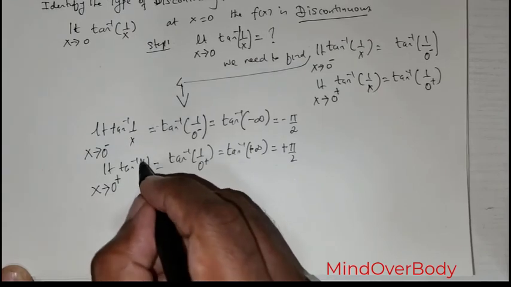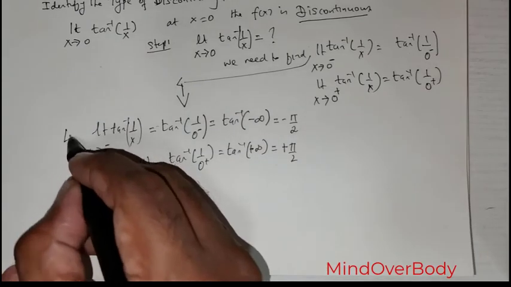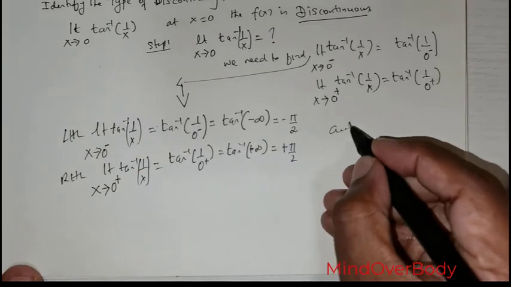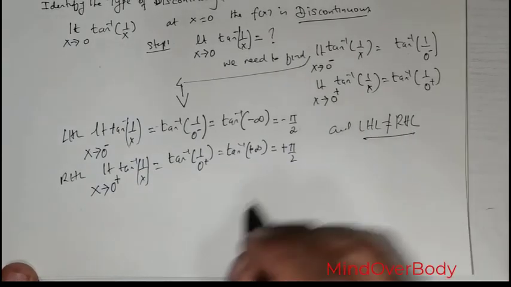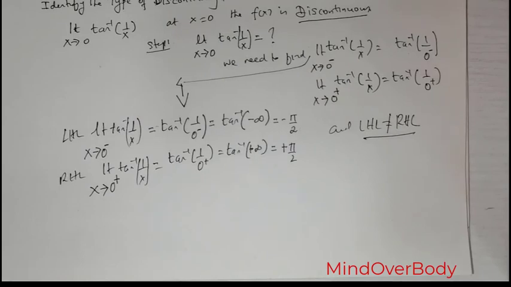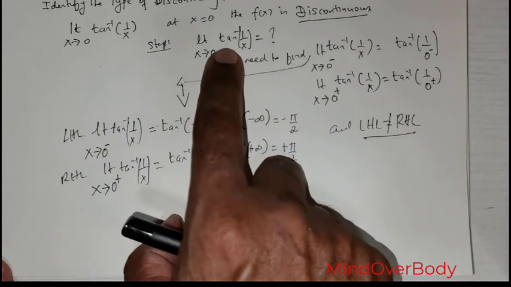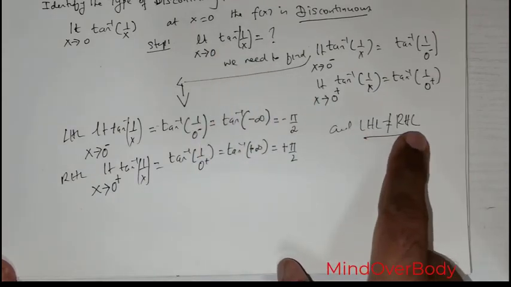So we have got two values. This is the left hand limit, this is the right hand limit, and left hand limit is not equal to right hand limit. So we have a discontinuity, but apparently this limit doesn't exist because the left hand limit is not equal to the right hand limit.